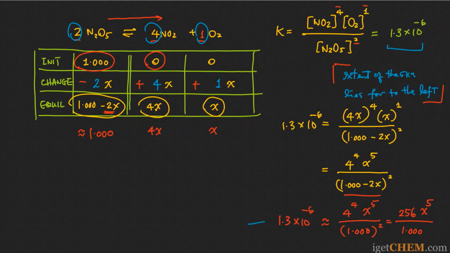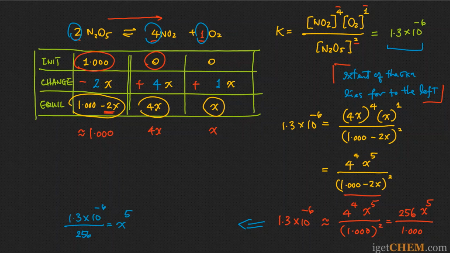So I'm just going to go to the left. So if I put everything together, I see that this is 1.3 times 10 to the minus 6 divided by 256, and that's equal to x to the 5th power.